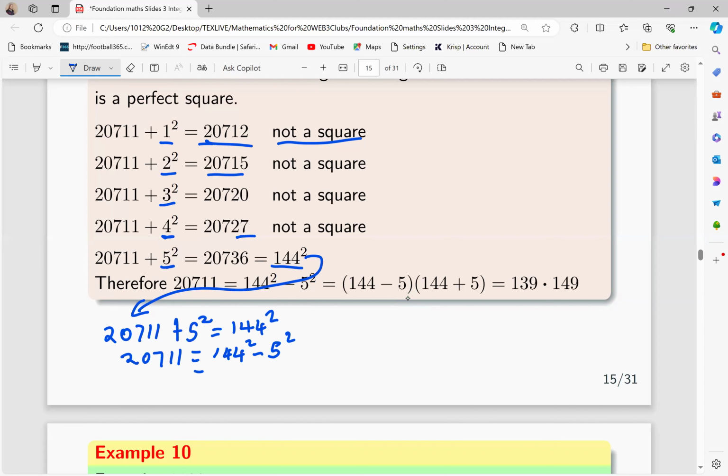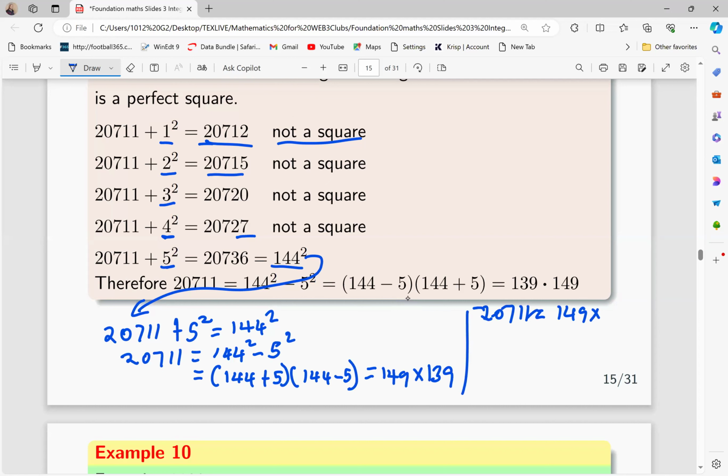The right-hand side can be factorized as 144 plus 5 multiplied by 144 minus 5. The first bracket is 149, and the second bracket is 139. So that means the number we found as m has now been fully factorized. That is, 2711 is the same as 149 times 139.